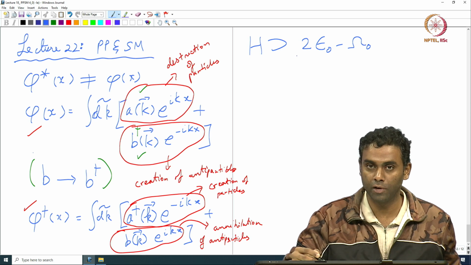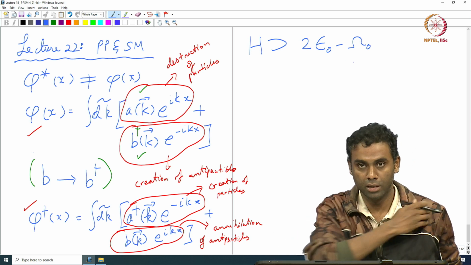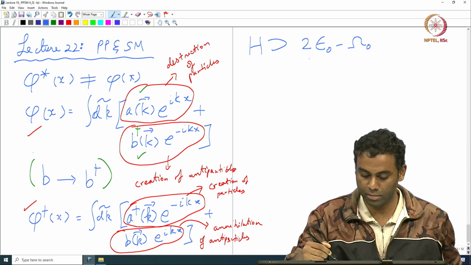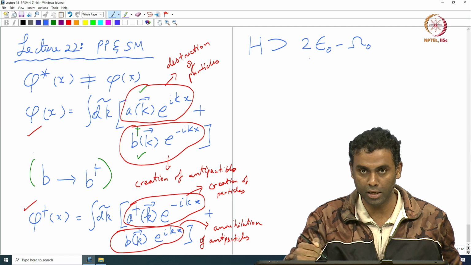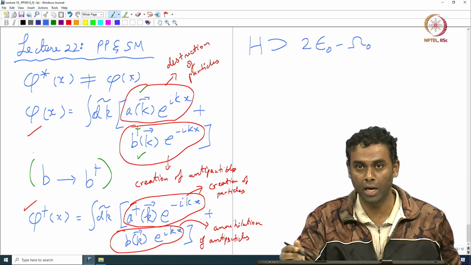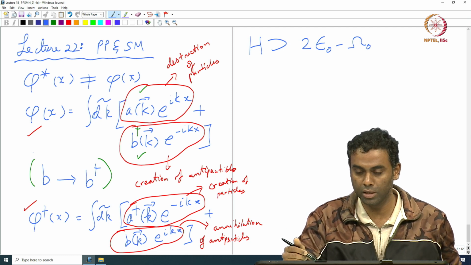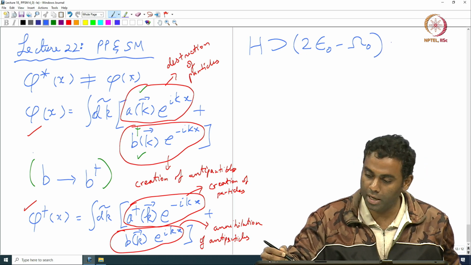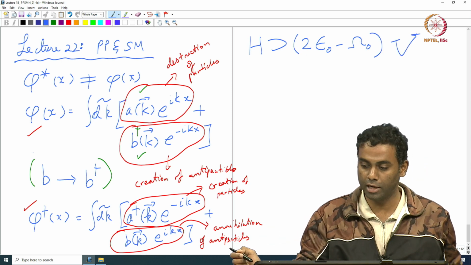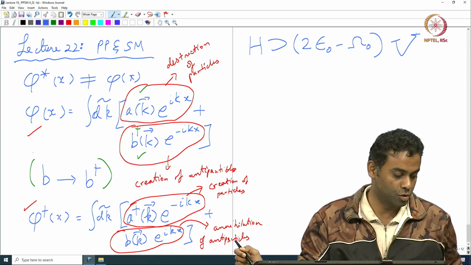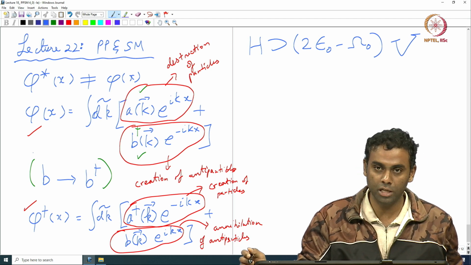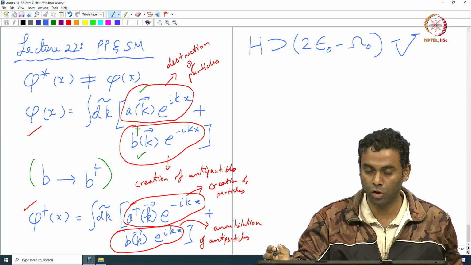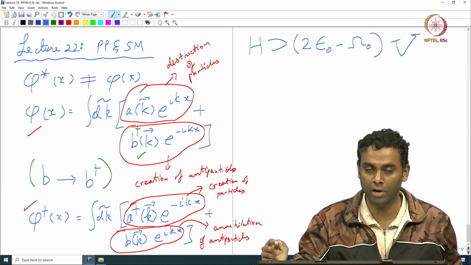Of course you can redefine this as the 0 point energy, but there is an E naught coming from the particle states and there is another E naught coming from the antiparticle states. So these two 0 point energies add up, and of course the bare term is always there, just there in the Lagrangian. That will become your Hamiltonian, but otherwise there is no other change. Otherwise the cosmological constant problem and everything else remain the same.